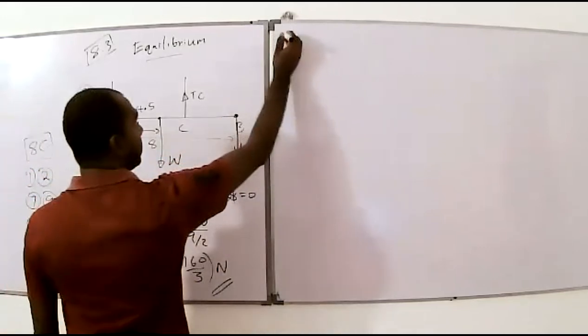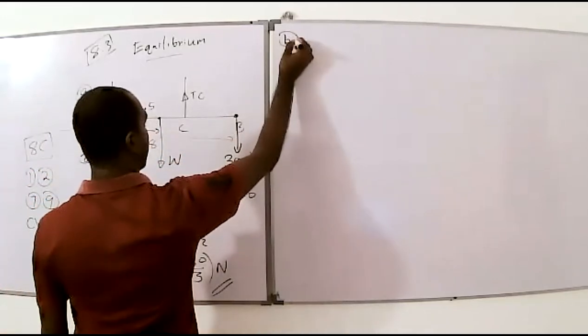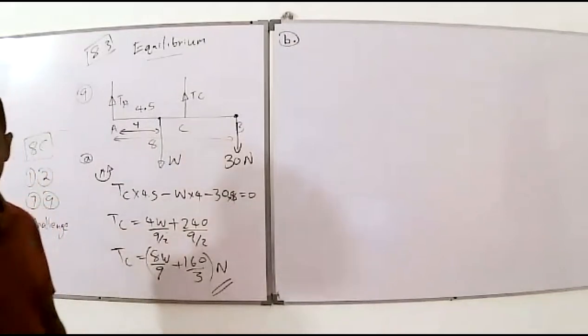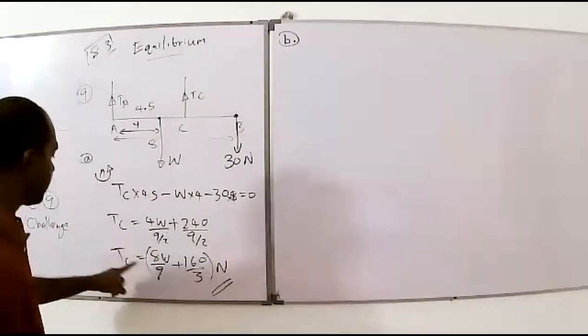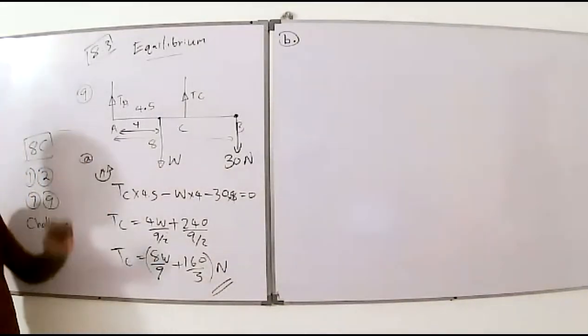And part B, what is part B? Find in terms of W the tension in the wire attached to the beam at A. Now, in terms of W, they are asking TA also.